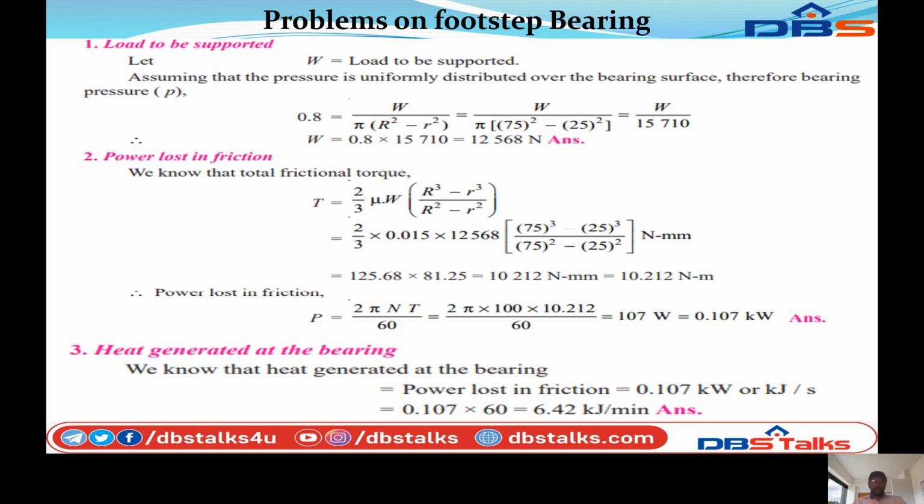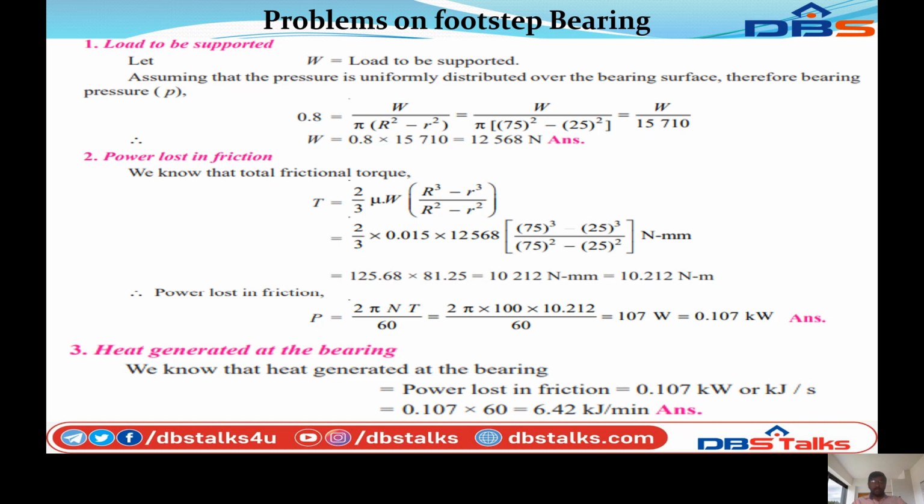Finally calculating, T is equal to 125.68 into 81.25, that equals 10,212 Newton mm. This is converted to Newton meter, 10.212 Newton meter.